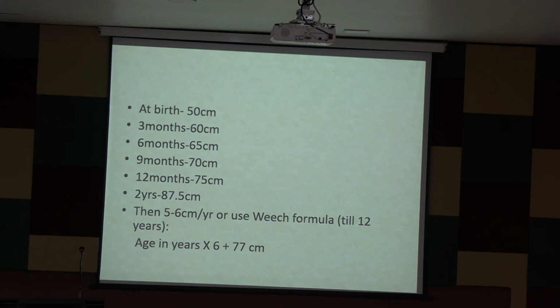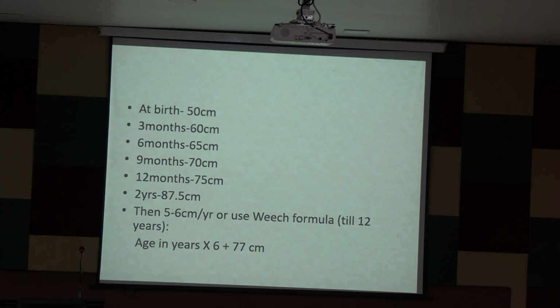The baby gets his height doubled by the age of 2 years. Okay, at the end of 1 year, he gains 50% of the birth length, so at the end of 12 months the length is 75 centimeter.